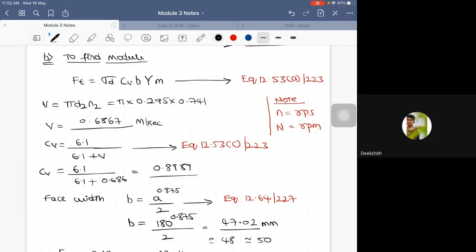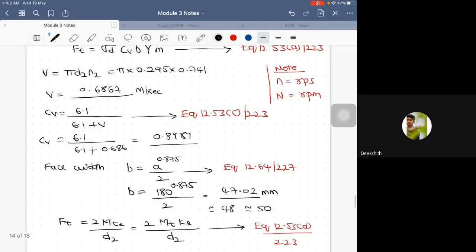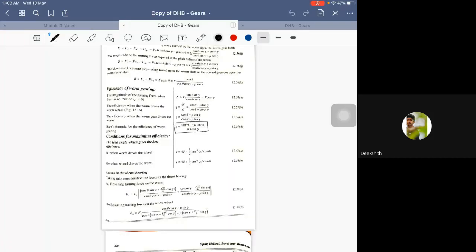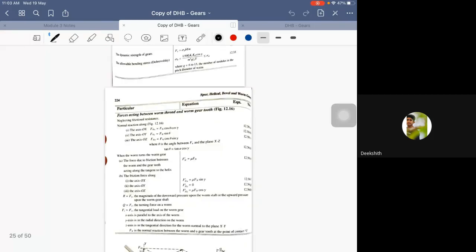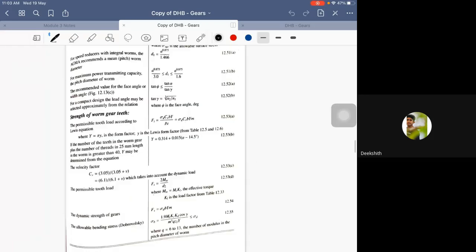Next, go with the calculation of FT. So same old formula, but here there is a change. You just read this equation 12.53D, which is in page number 223. If I just rotate this screen, 53D. See here.